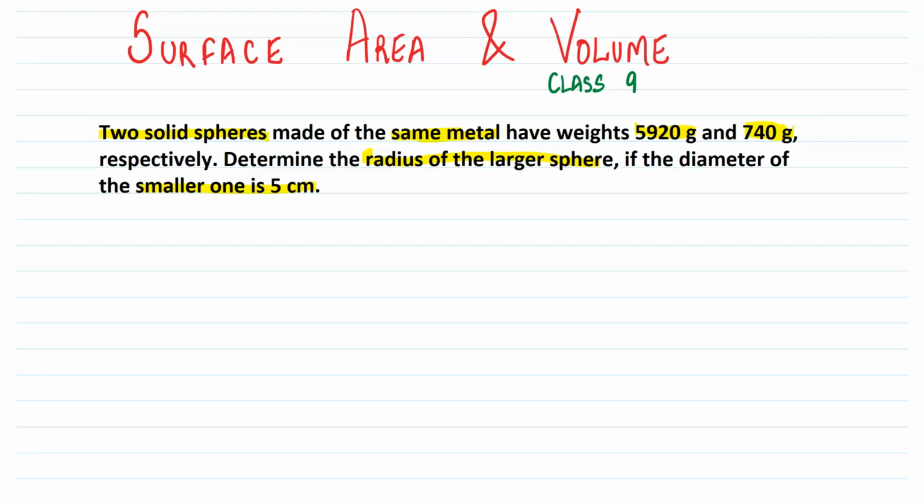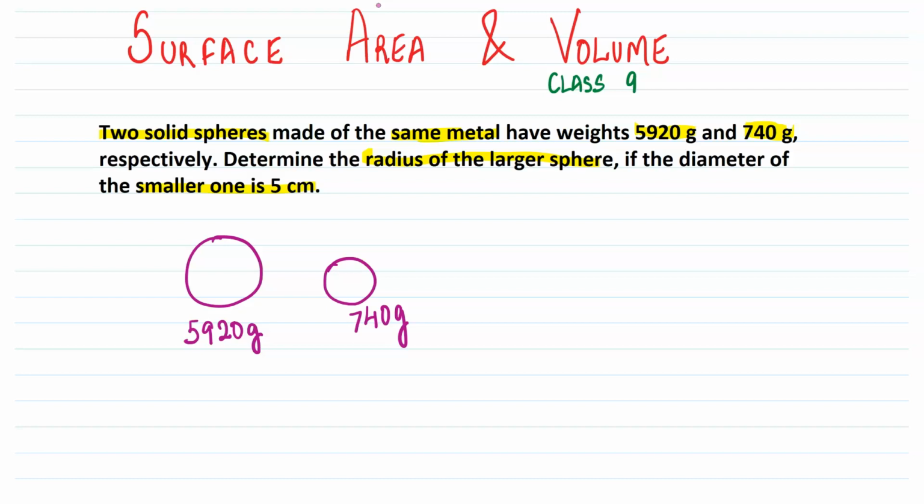So let's note down what is given in the question. We have two spheres and they are made up of the same metal, and the bigger one weighs 5,920 grams and the smaller one weighs 740 grams.